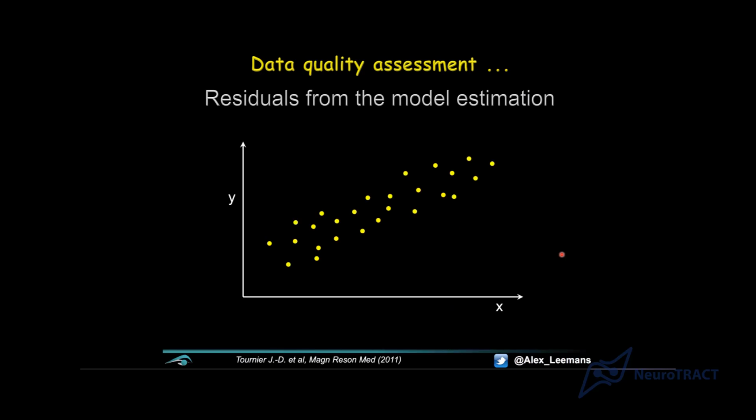Okay, so let me start off with a quick toy example that always facilitates the interpretation. So if I have a set of points, these yellow points, these are my measurements. And these measurements have an X and a Y coordinate. Let's assume my X coordinate was known. I knew what my X value was, and at that X location, I got a measurement, and this is Y. So my Y is my measurement, and my X is my predefined coordinate.